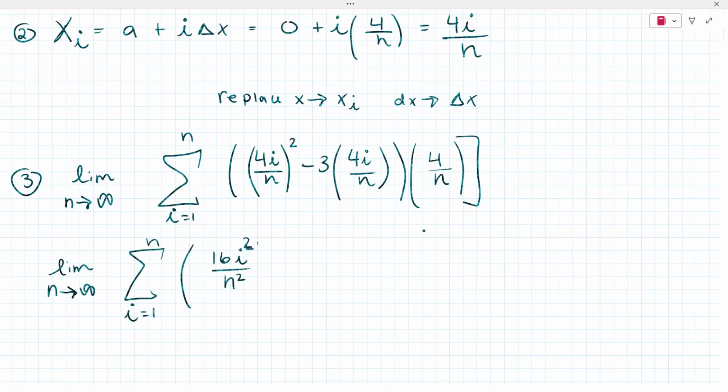All I did was square this: 4i squared is 16i squared, and n squared is n squared. Then FOIL out this negative 3, so this is going to be negative 12i over n, times 4 over n.